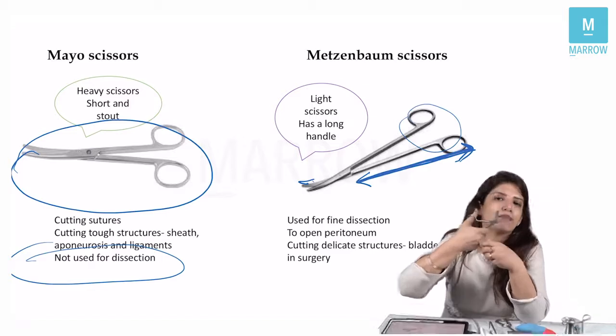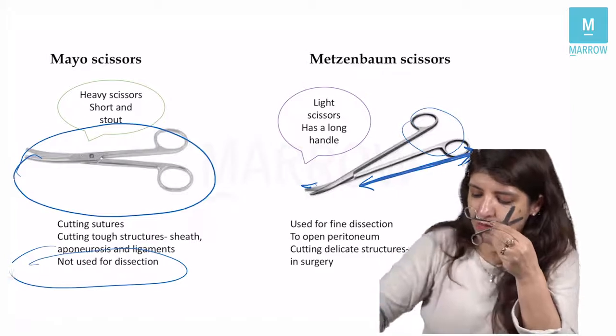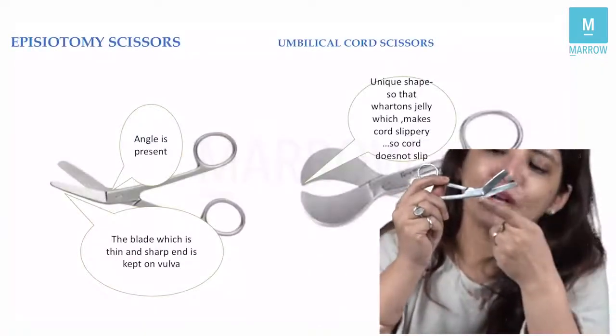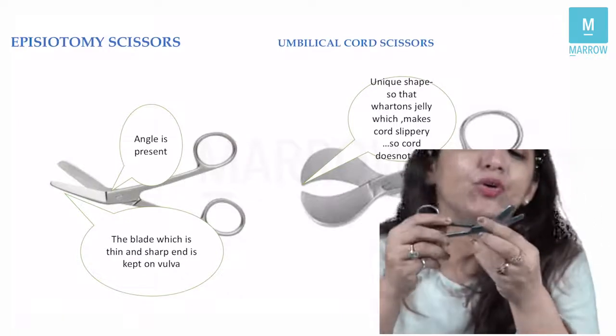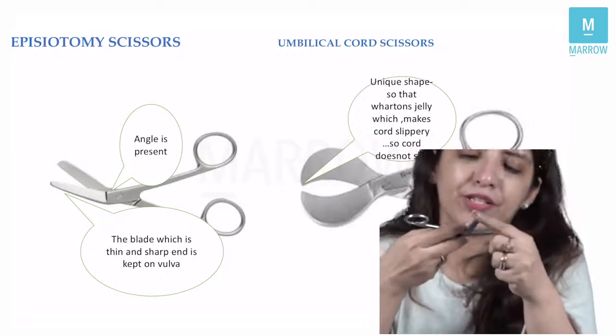This is the episiotomy scissors. Now, as you can see in the episiotomy scissors, there is an angle present here. This is the only scissors in which you will see an angle present, right? Then you look at the blades. Both the blades have blunt ends, right?